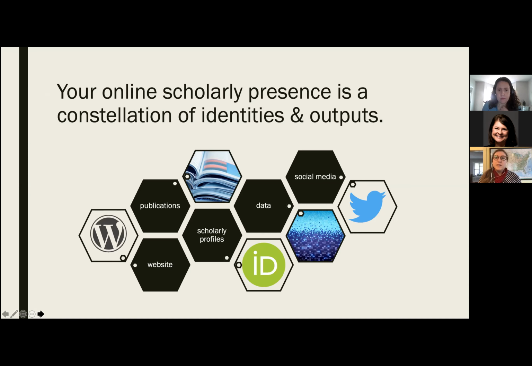And finally, I would say that an aspect of the constellation of your scholarly presence may include your social media presence, depending on how you draw the boundaries between your professional online presence and your personal online presence.